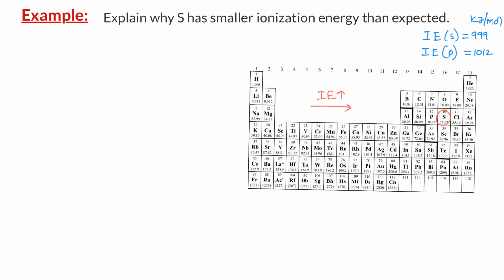The electronic configuration of sulfur is neon followed by 3s2 and 3p4. If I draw the orbital diagram, it would be 3s2 followed by 3p4.